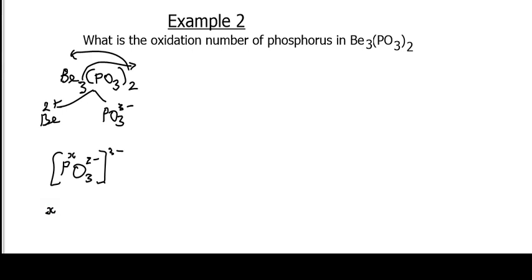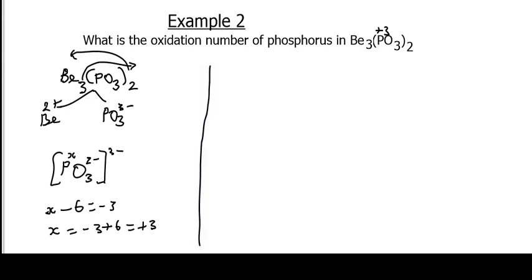Then 3 times the -2 of the oxygen should give us -6. Everything should give -3. So collecting like terms, x is equal to -3 plus 6. That should give us plus 3. So in this compound, the oxidation number of phosphorus is also plus 3. So we can also do it in the other way.